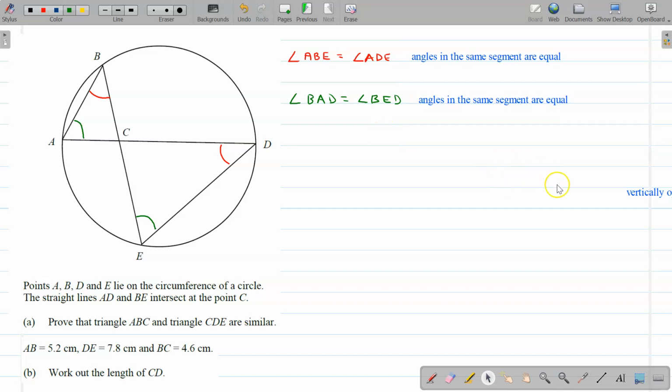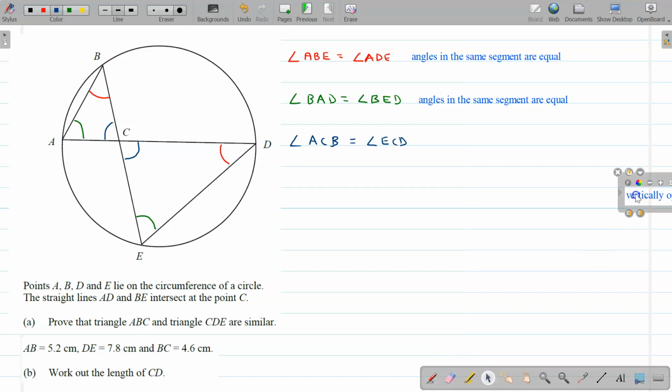Now we come to the third pair of equal angles, which I'll put in a different colour. So that's that one and that one. They're equal, nothing to do with circle theorems. I can just say that angle ACB is equal to angle ECD, and the reason that they're equal is they're called vertically opposite angles.